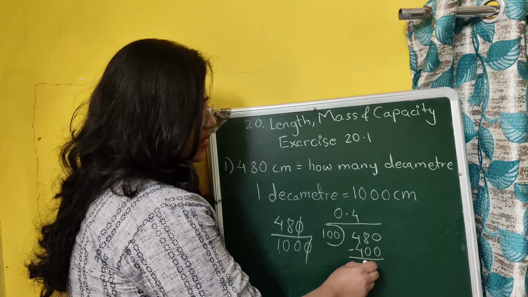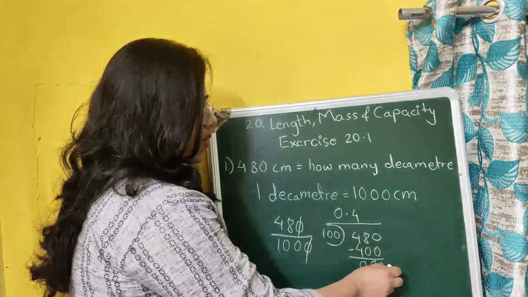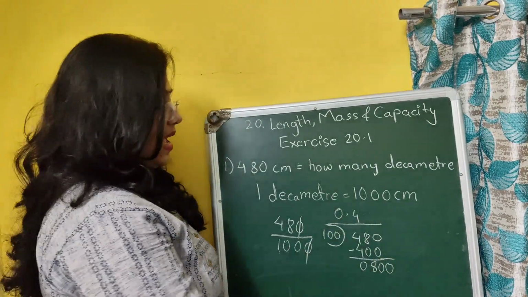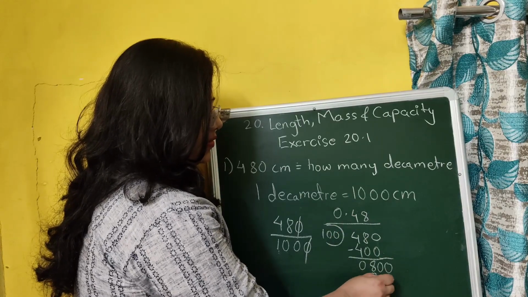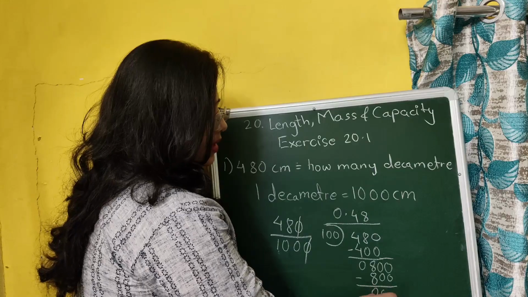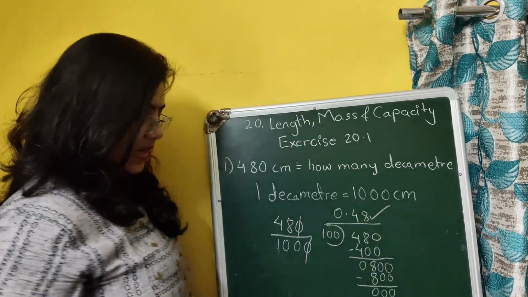And then we get 80 down here. One more 0 we can add here because we have already used a decimal point. And then 100 adds up to 800. So our answer is 0.48.